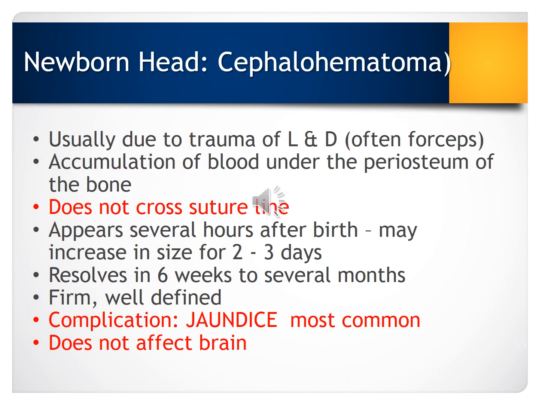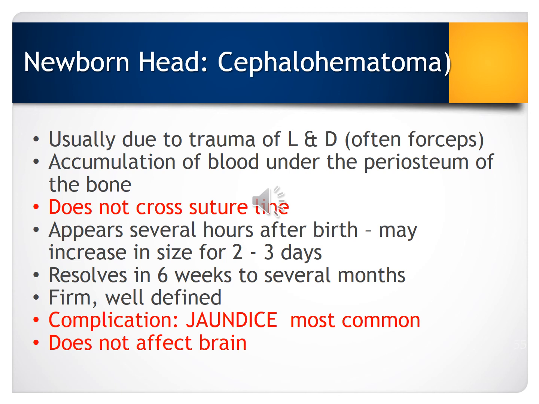Where caput was an accumulation of fluid, cephalohematoma, the word hematoma meaning blood, is an accumulation of blood under the periosteum of the fetal bone, or the newborn bone. It's not a blood collection on the brain. It's a collection of blood above a thin layer of the newborn skull.